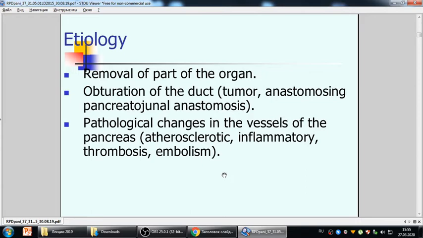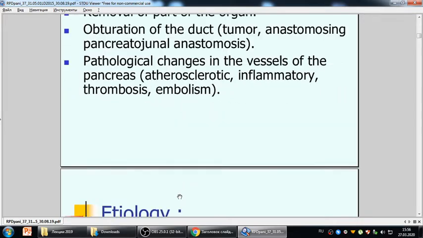The etiology of exocrine pancreatic insufficiency is very large and includes many pathologies. One etiological factor is removal of part of the organ, or obstruction of ducts, so all diseases which can result in obstruction of ducts, maybe a tumor or any pancreatico-jejunal anastomosis, or pathological changes in the vessels of the pancreas, such as atherosclerosis, inflammatory thrombosis, embolism.